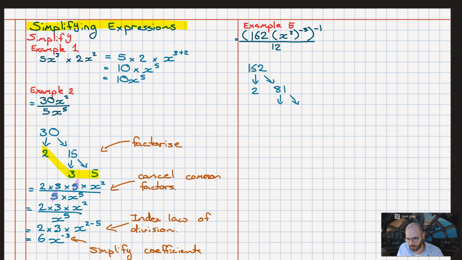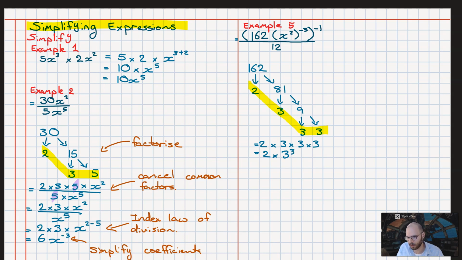Factorizing 81, we get 3 and 9, and then finally factors of 9 are 3 and 3. So these are our factors here. Now simplifying this out, we have 2 times 3 times 3 times 3, and of course that can be simplified down to 2 times 3 to the power of 3.